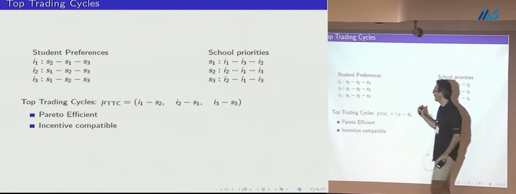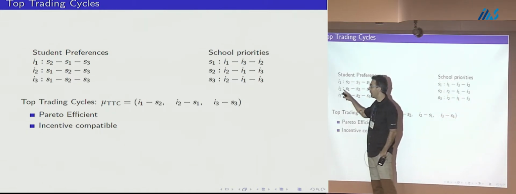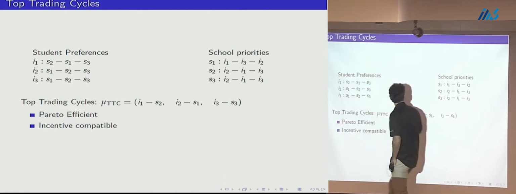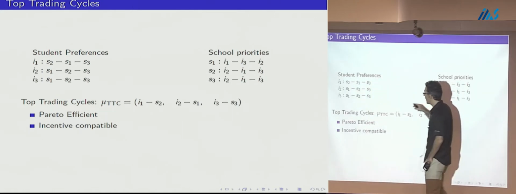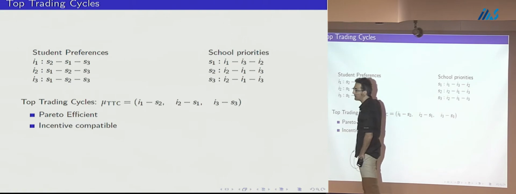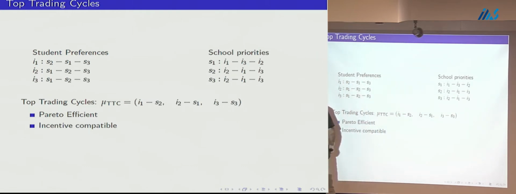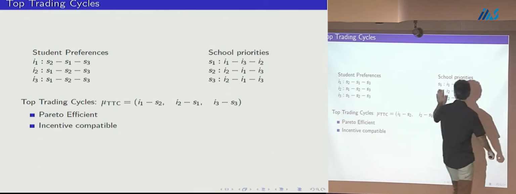So if my first choice is popular, and if my second choice is also popular, but I have a higher chance of getting into my second choice because of my high priorities at my second choice, if I do not rank that school as my first choice, I am actually giving up my priority at that school. And I am risking it. In serial dictatorship, now everyone fights, let's say, for popular schools.